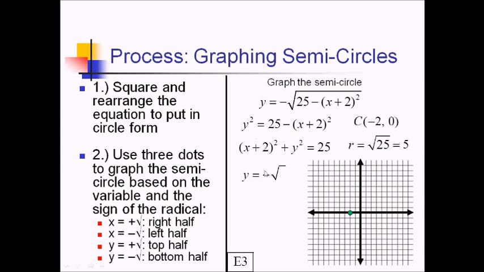If you have y and negative, that means you're graphing the bottom. So we go 5 in every direction, and we graph the bottom half of the circle. So we'll go 5 to the left here, 5 down, 3, 4, 5, and 5 to the right. And that's just the semicircle we're going to graph there.